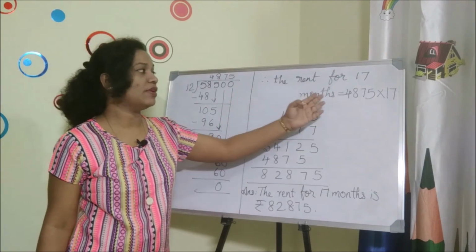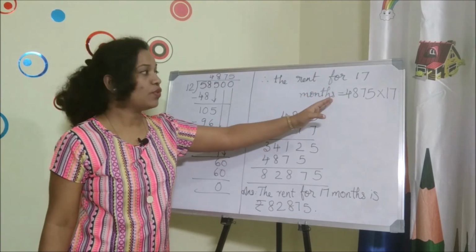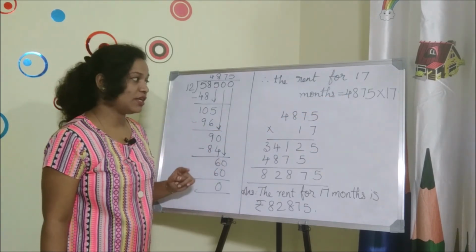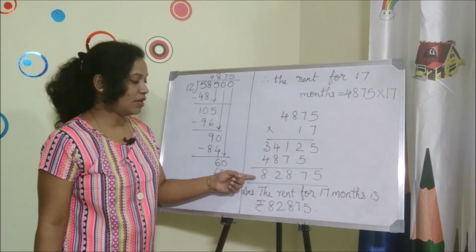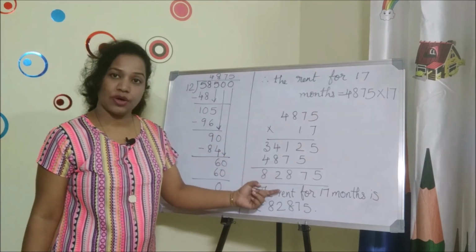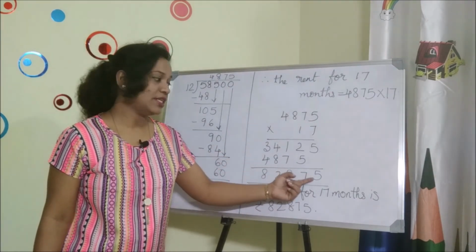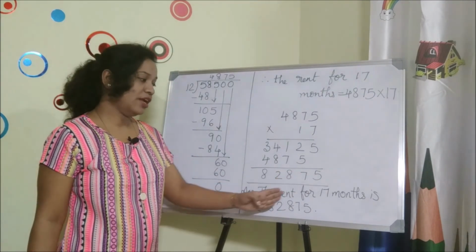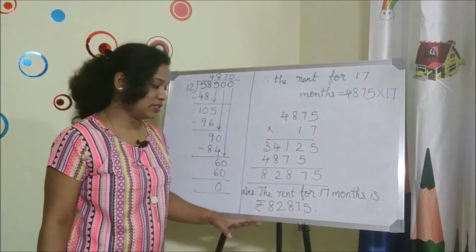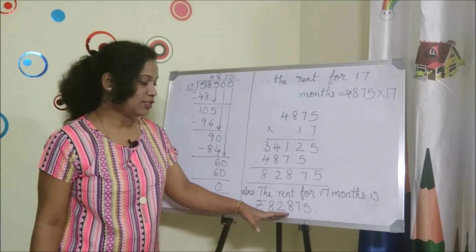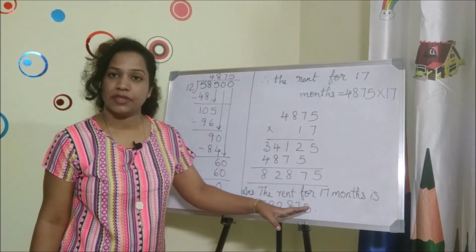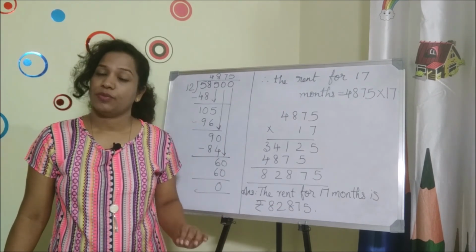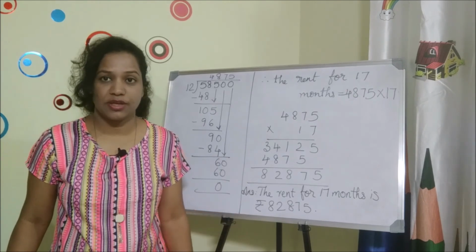The rent for 17 months is equal to 4,875 into 17. So when we multiply we get 82,875. So what is our final answer? The rent for 17 months is rupees 82,875. So this is how we solve the problems using unitary method.